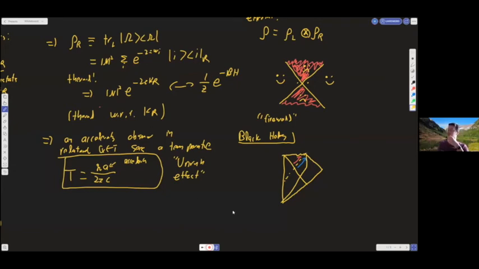And that means that the blue modes actually create an energy flux out of the black hole to infinity.